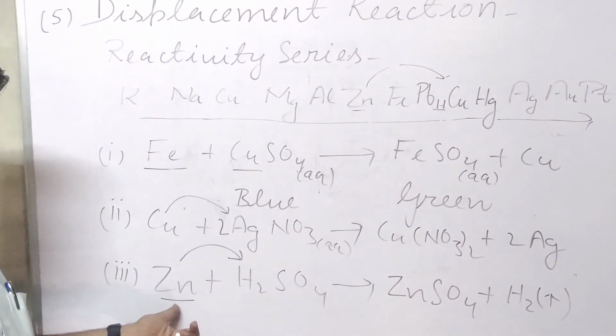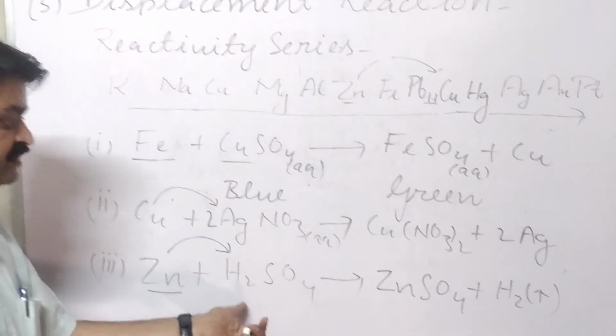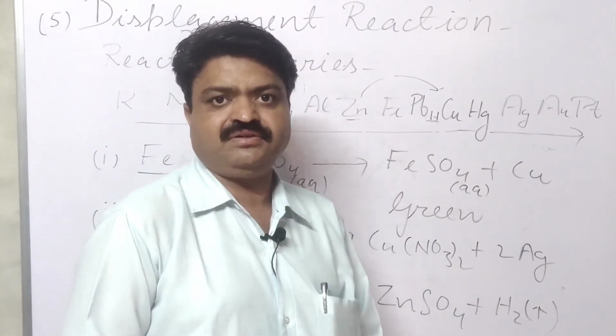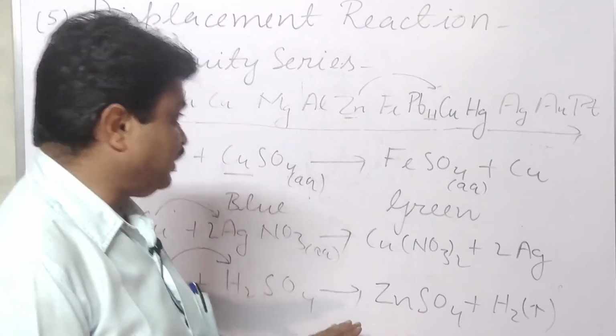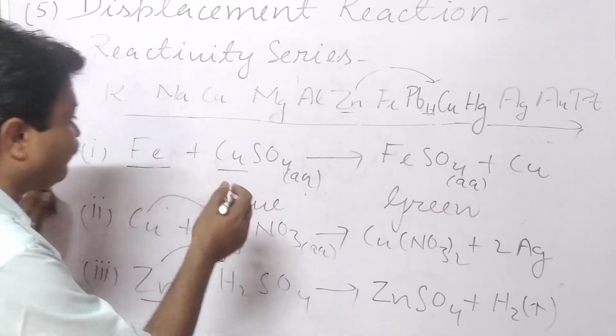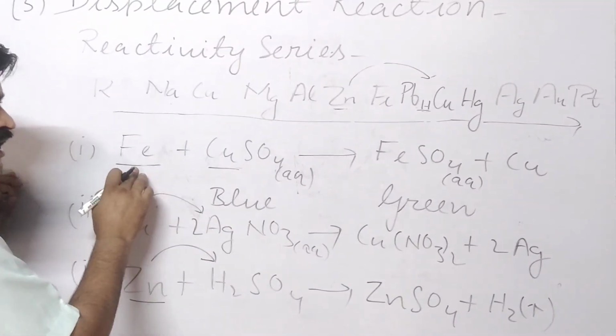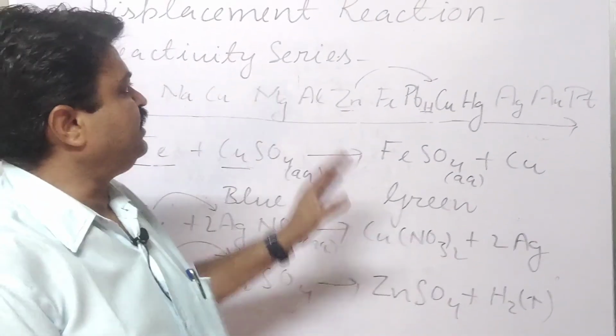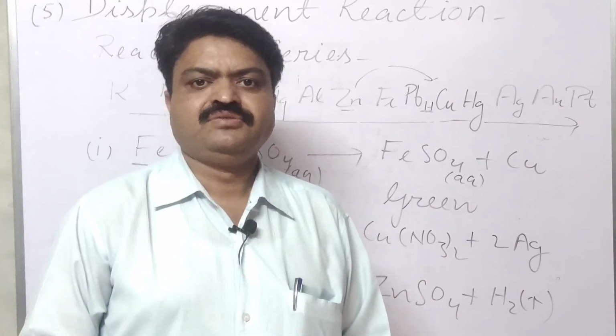Here zinc is reacted with sulfuric acid, then zinc sulfate is formed, and hydrogen gas is evolved. And what are they saying? That the more reactive element is displacing the less reactive element in the displacement reaction. So you will learn it.